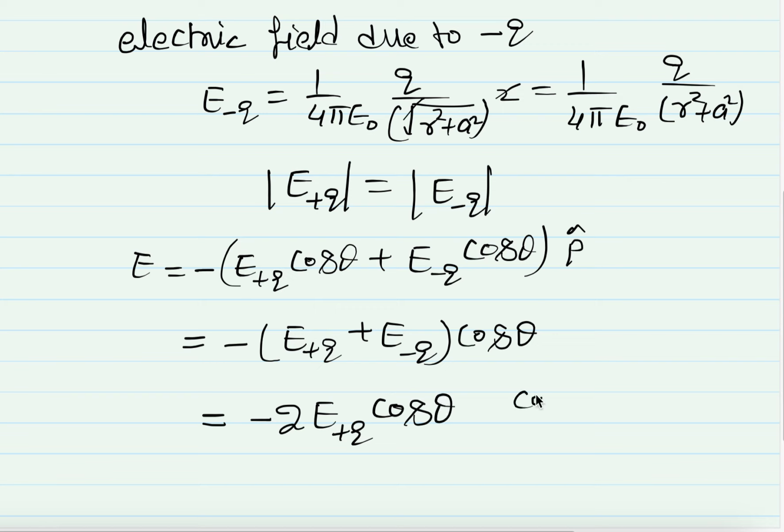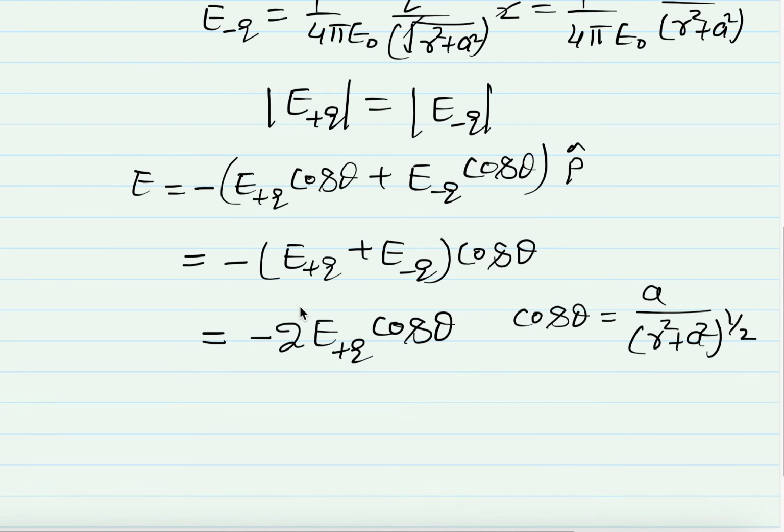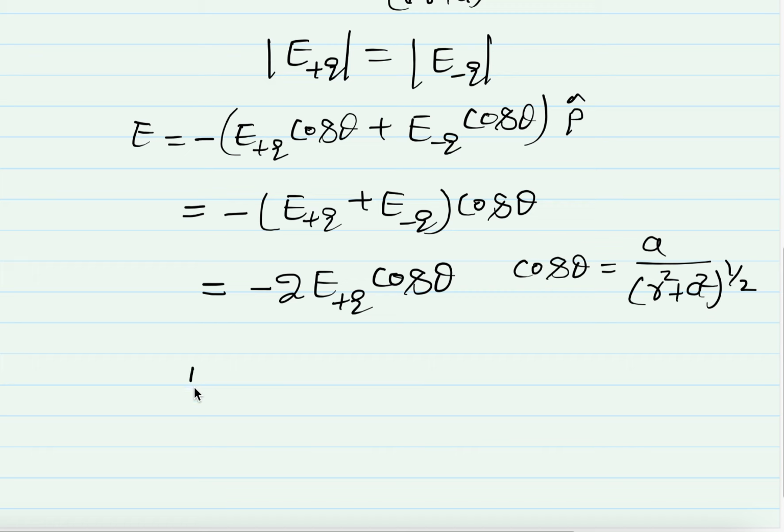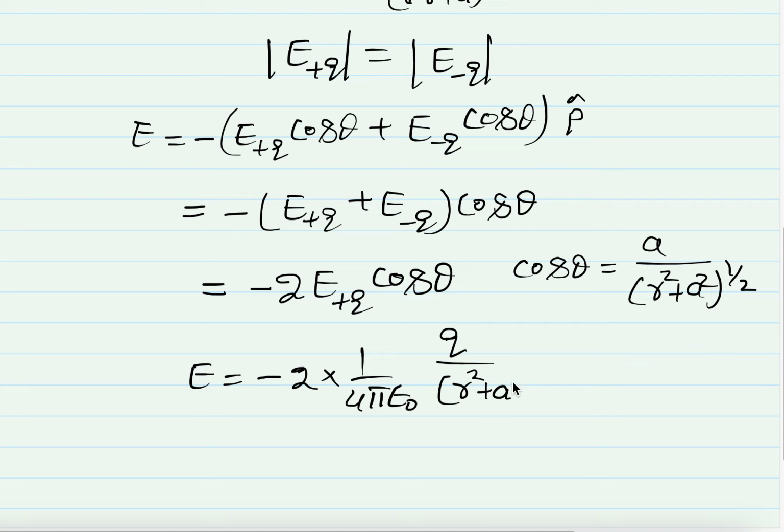From the diagram, cos theta is equal to adjacent by hypotenuse. The hypotenuse is root over r square plus a square; instead of root we can write whole power 1 by 2. We already know the E plus q formula, so substitute: minus 2 into 1 by 4 pi epsilon naught q by r square plus a square, into cos theta.